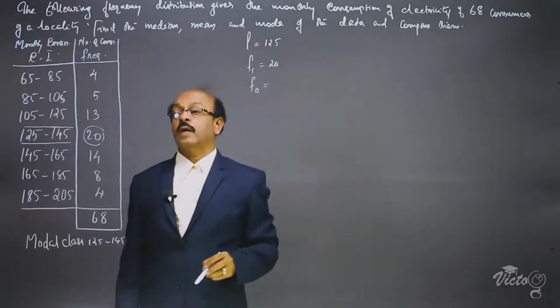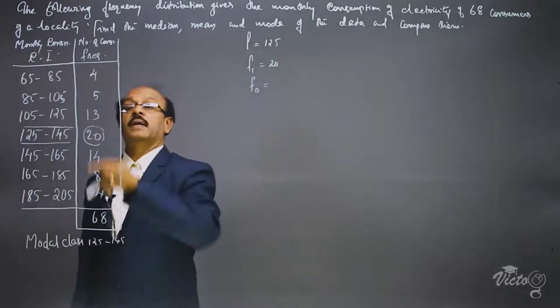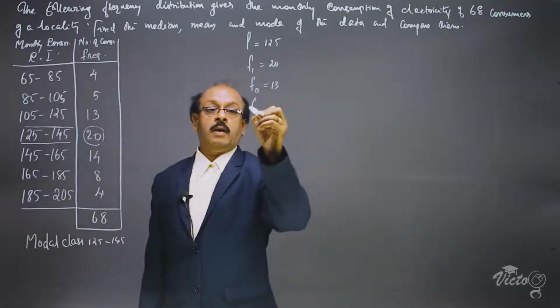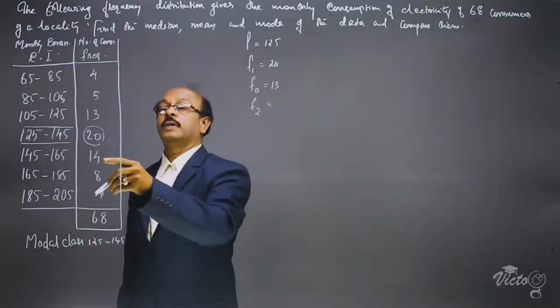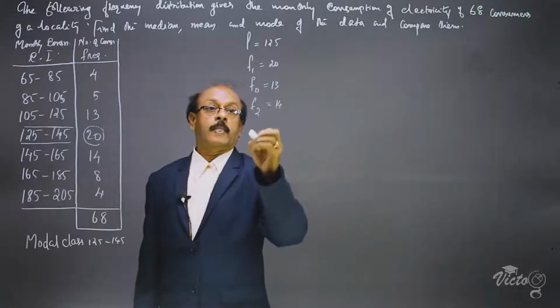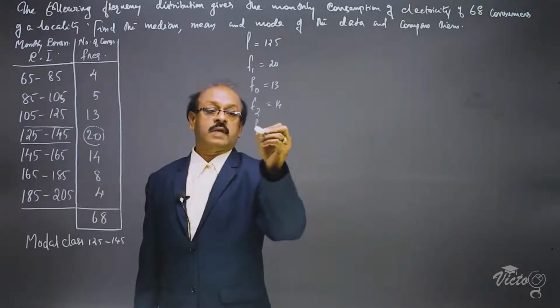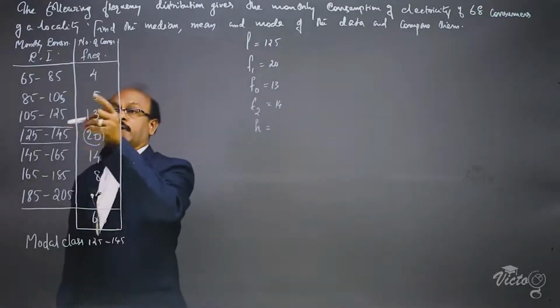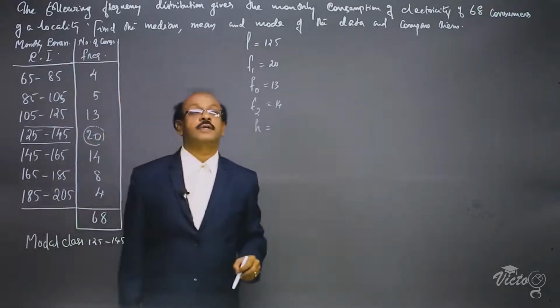F0 is the frequency of the class preceding the modal class, 13, and F2 is equal to 14. The size of the class, H, is equal to 20, the difference between the lower limit and upper limit.